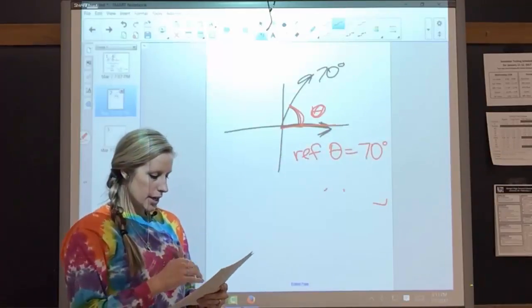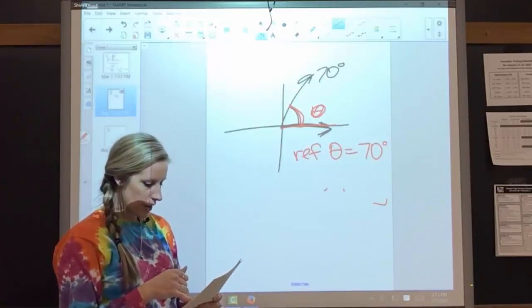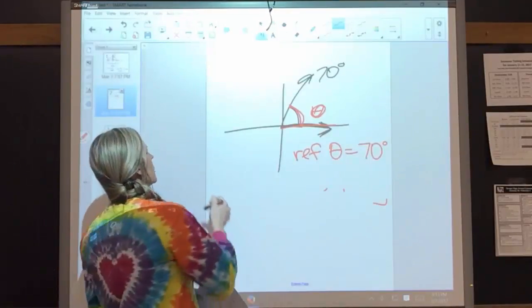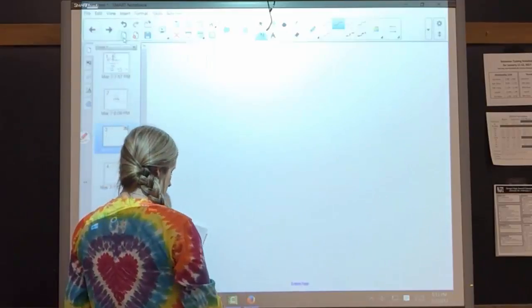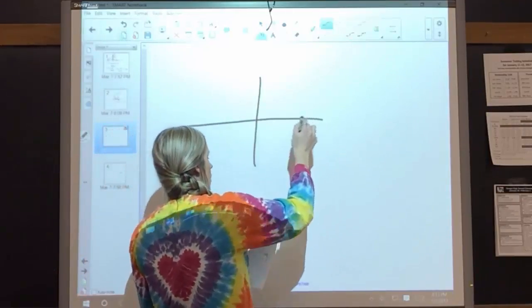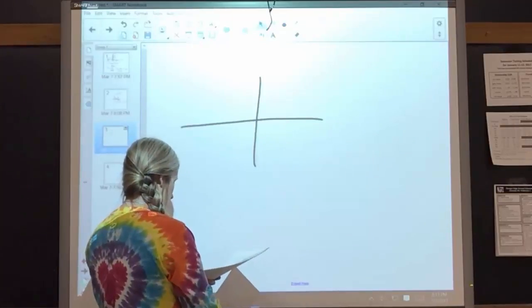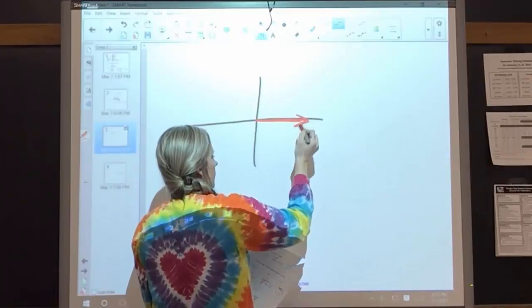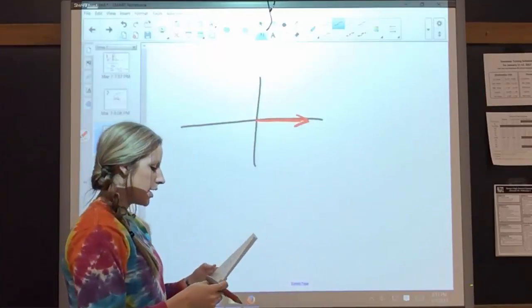All right, number 3, we're going to draw the angle and find the reference angle if theta equals, and it has 5 problems. These are in radians. So you're going to have to know where 2 pi over 3 is.